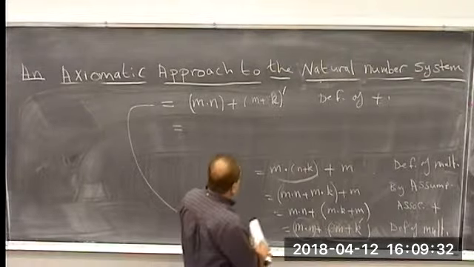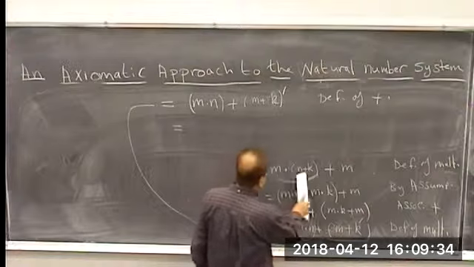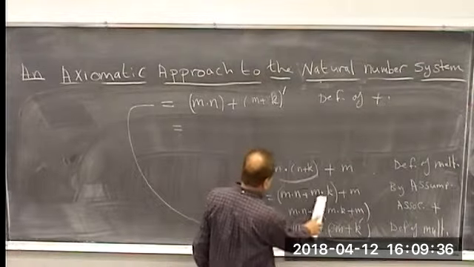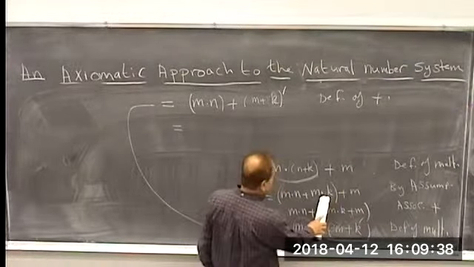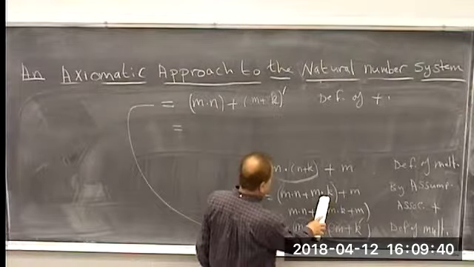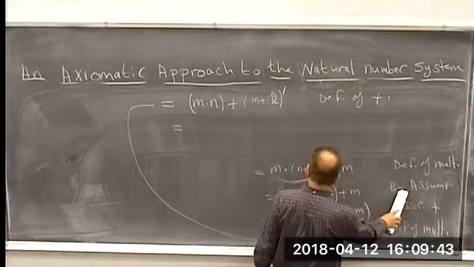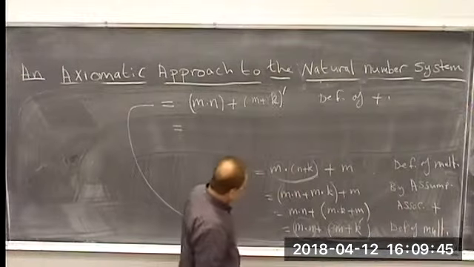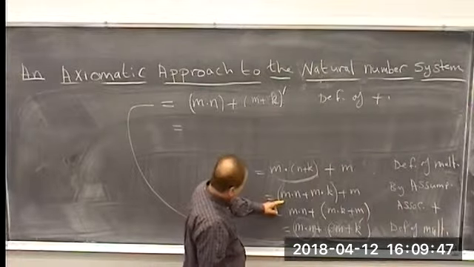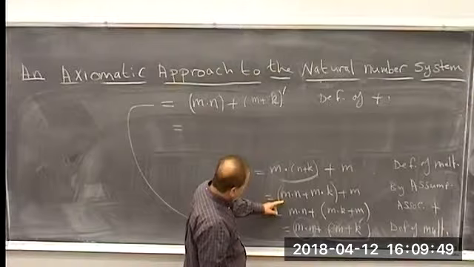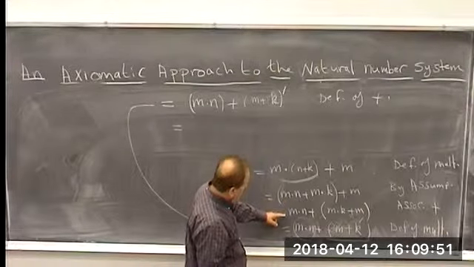So we have m of this, and this is the distributive property for the assumption. Then in here we have used the associative property.